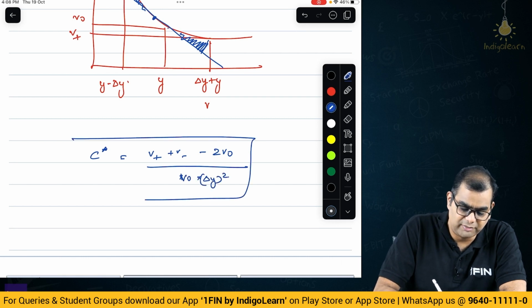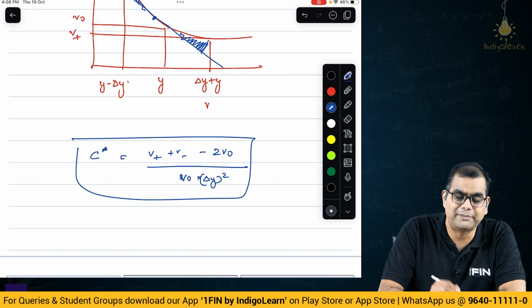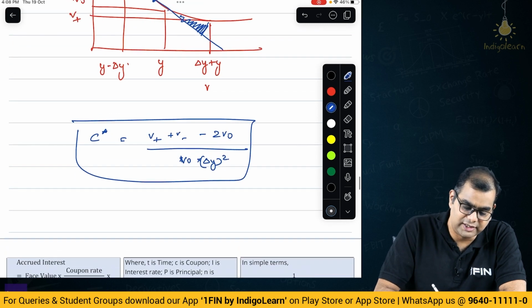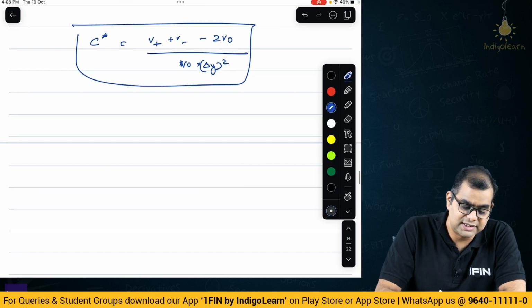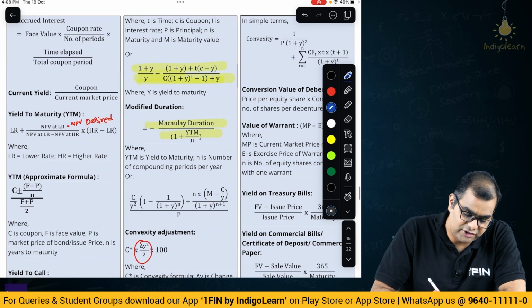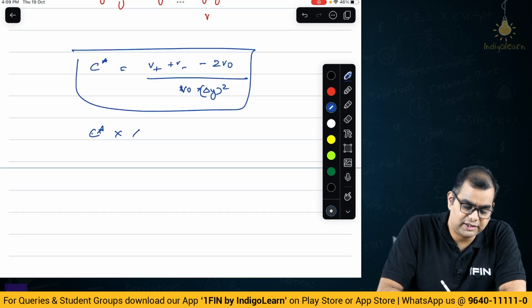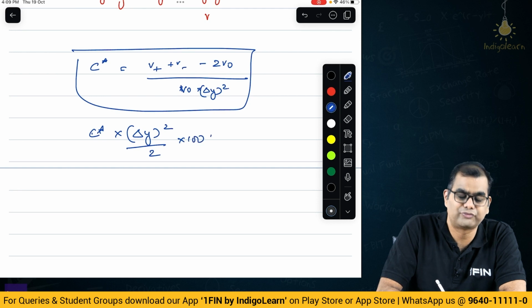This is the formula which gives you the value of the convexity. But this is not directly the exact impact. You have to do something else. This is just the value of C star. The adjustment that you have to do for convexity is C star into delta Y square by 2 into 100.